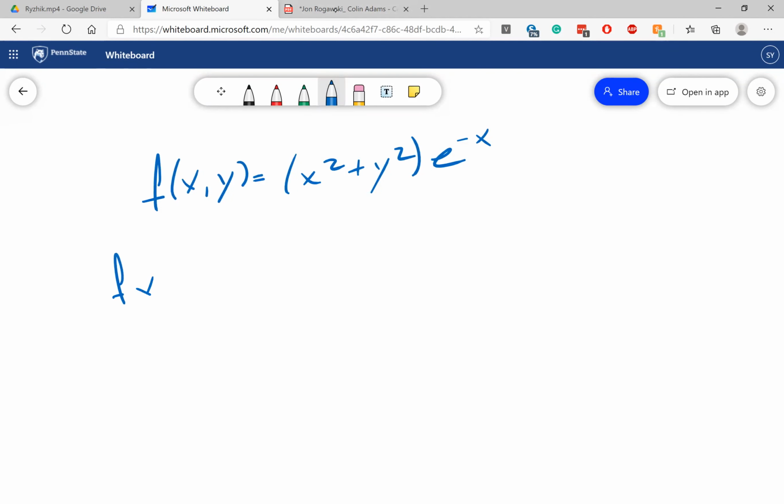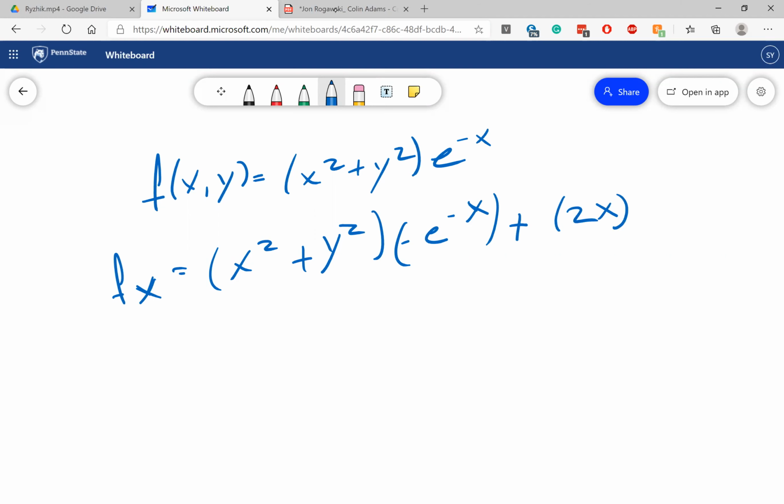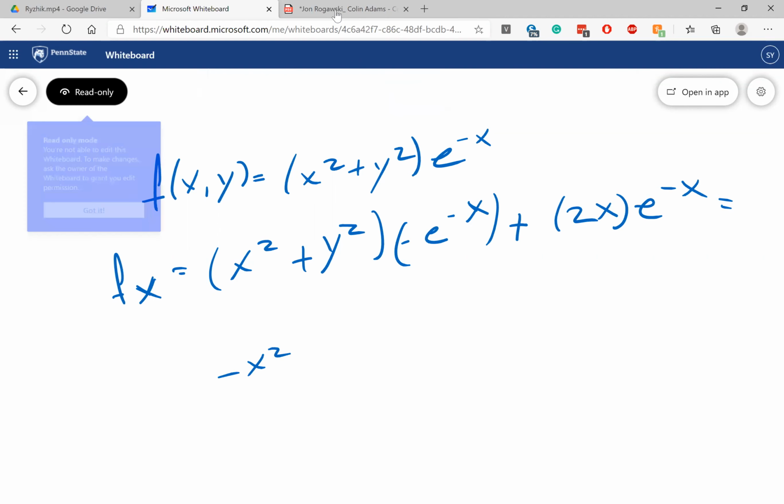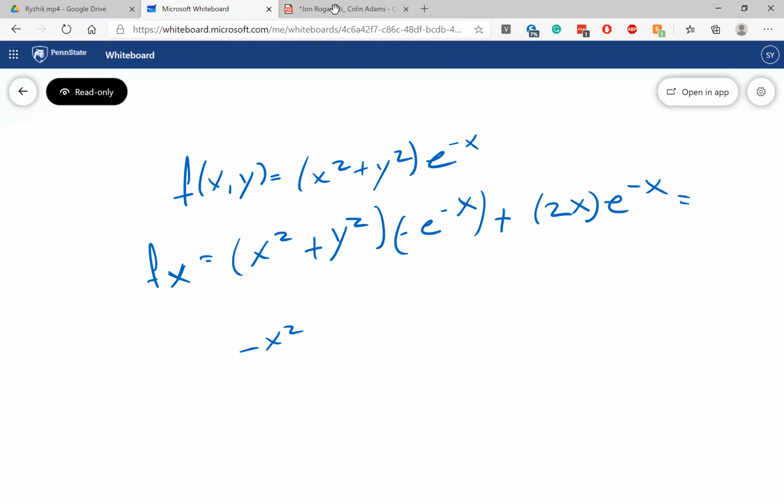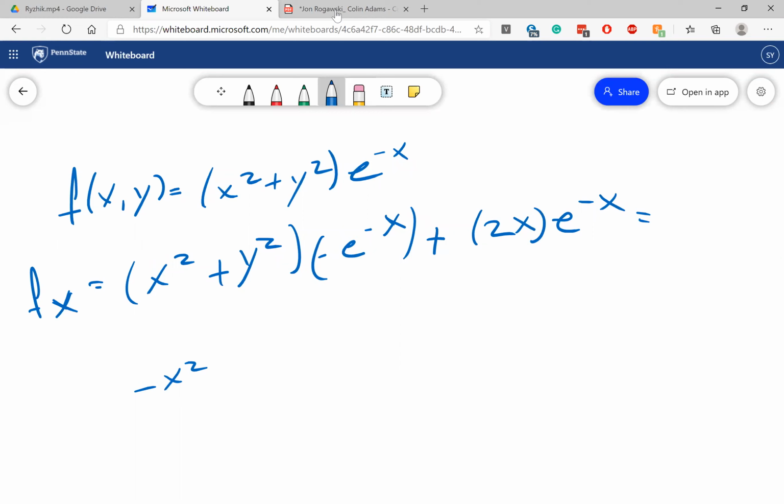The partial of f with respect to x is going to be equal to x squared plus y squared times negative e to the negative x, plus 2x e to the negative x, which is going to be equal to negative x squared minus y squared plus 2x, times e to the negative x. And we want to set this equal to 0. Any questions so far?